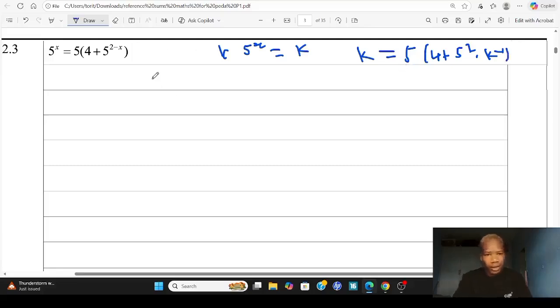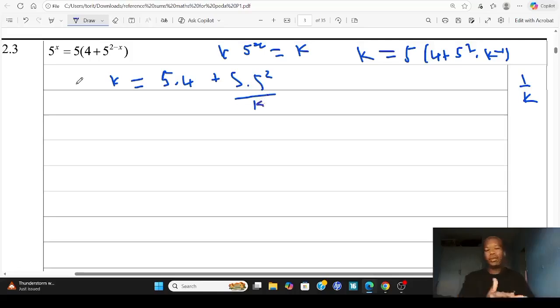So we know that k to the power minus 1 is the same as 1 over k, right? Okay, so we say k is equal to 5 times 4 plus 5 times 5 to the power 2 over k, right?